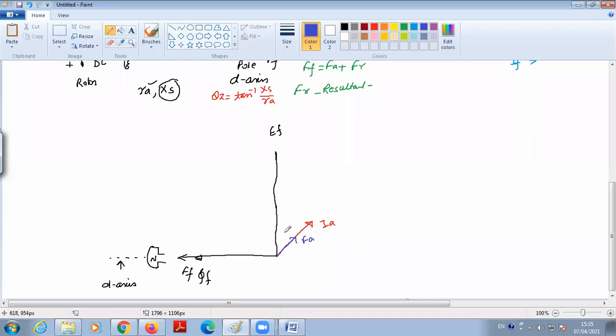Now addition of these two, armature reaction MMF and field MMF. So this much part is the FA, and this much part is the resultant magnetic MMF. So it is Fr, or you can represent it as phi r.